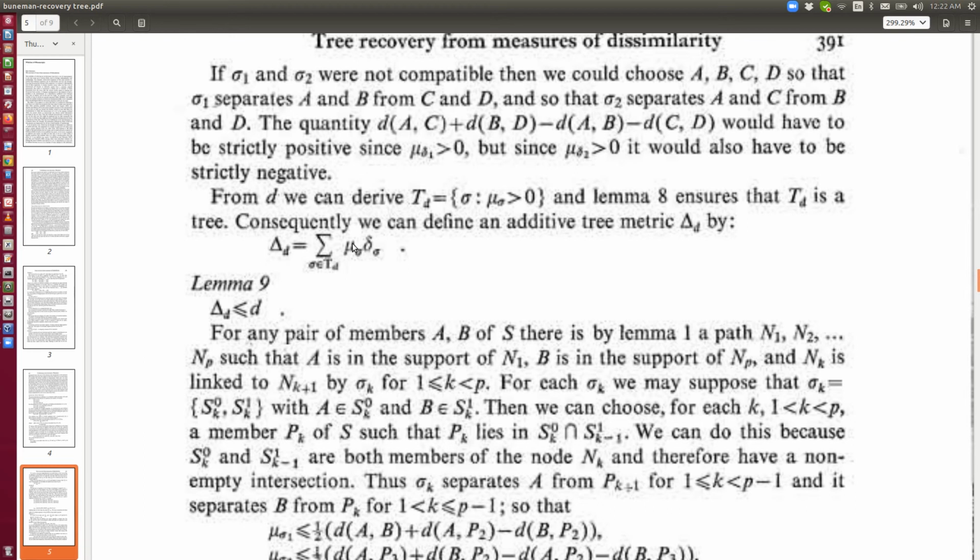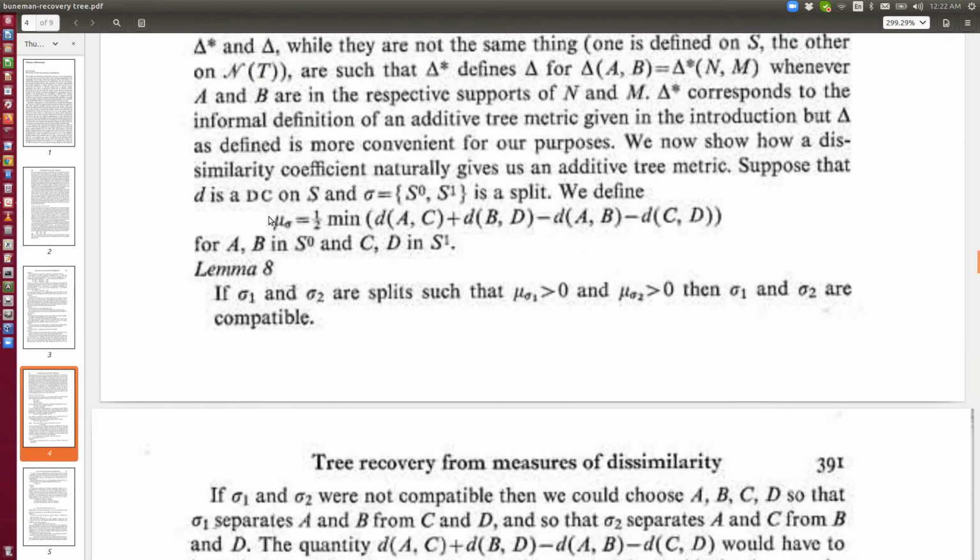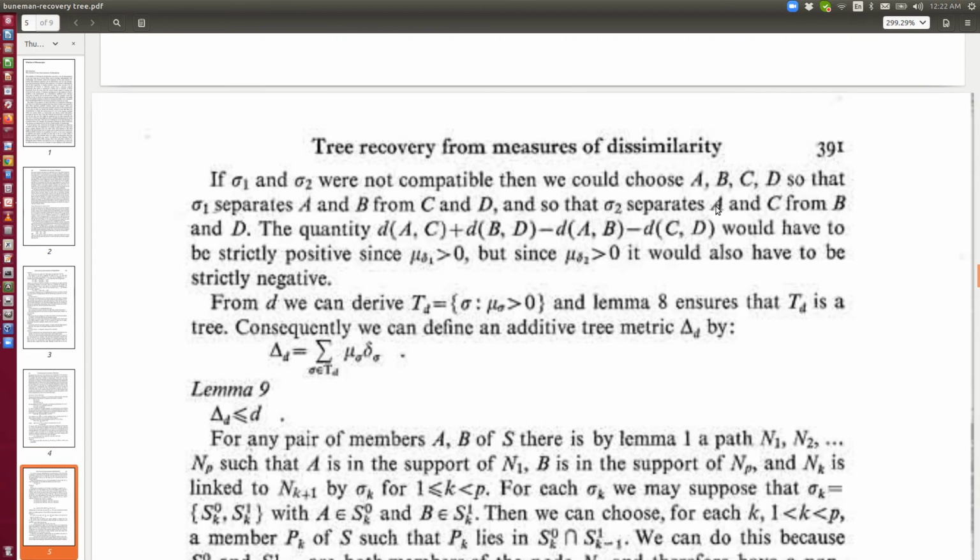Basically, we have mu sigma. If we remember, mu sigma is constructed using this D here, and we can build delta D, which is also a distance measure of two elements or two members in the base set S there. And then we want to show that this delta D is less than or equal to D.